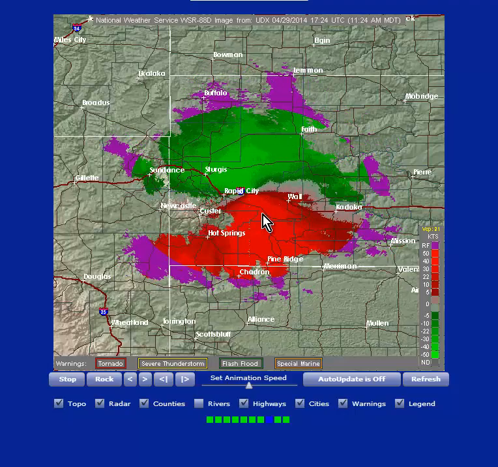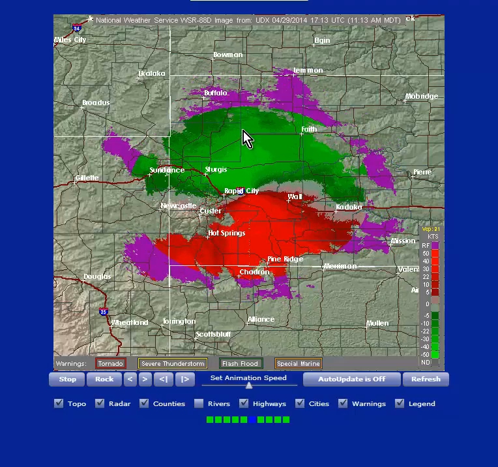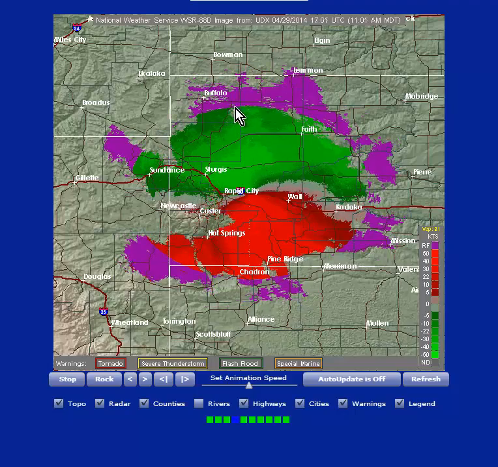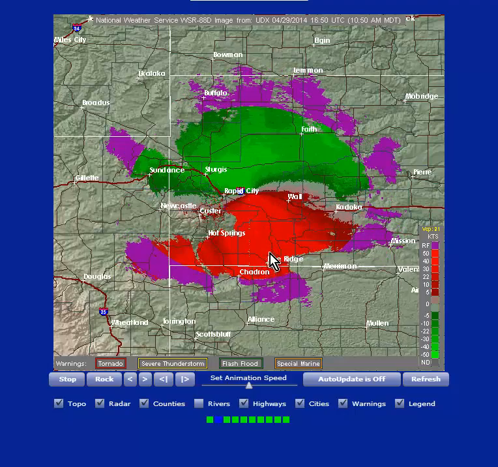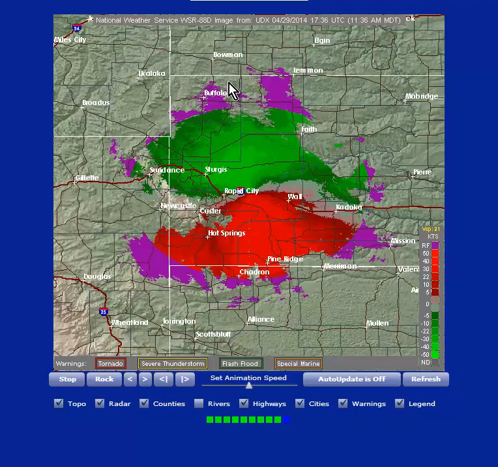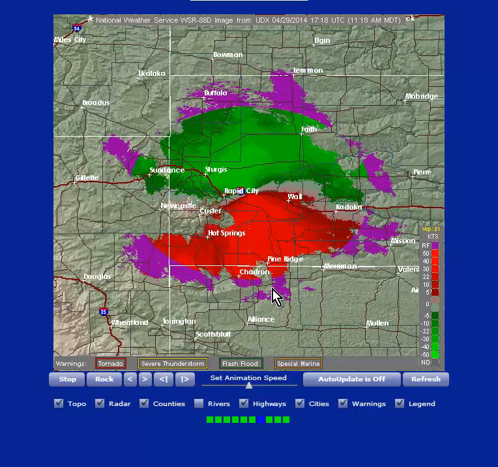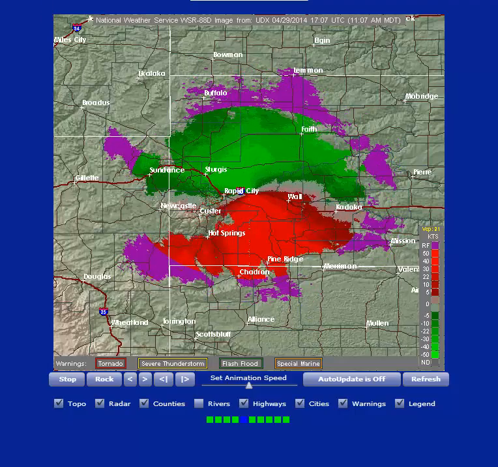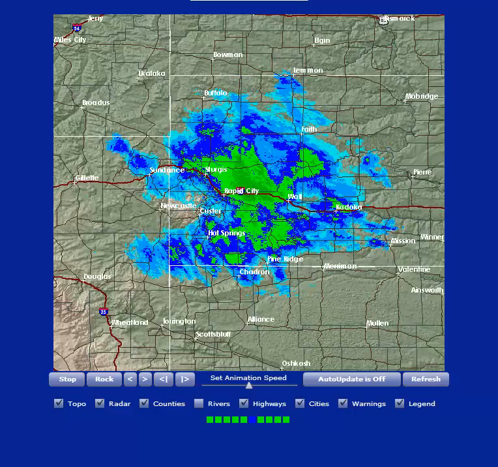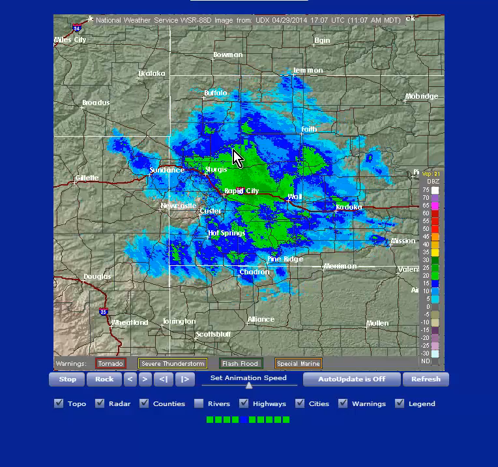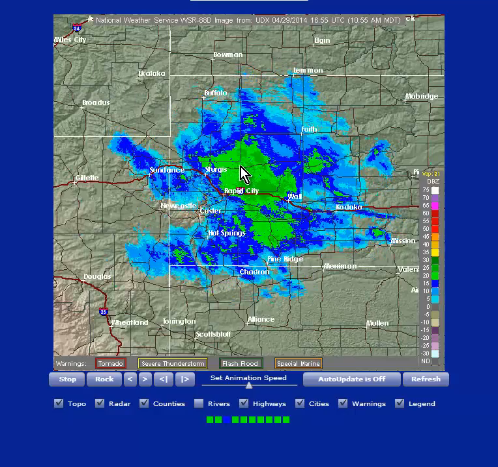So the general actual particle movement you can pretty much consider to be like this, going from north-northwest to south-southeast. Now let's go back again and look at the reflectivity loop.